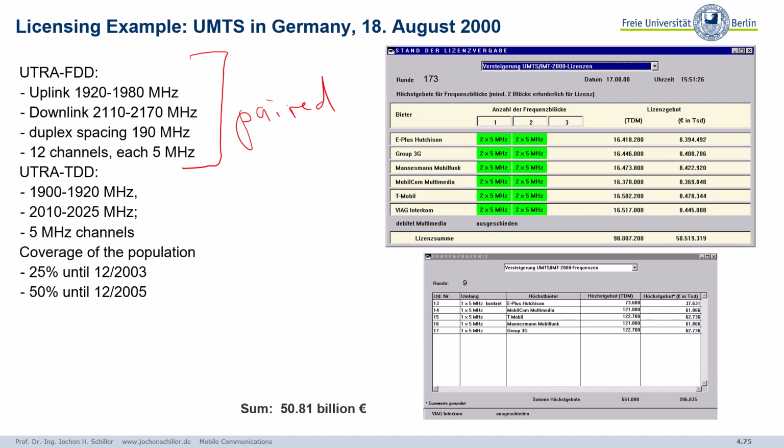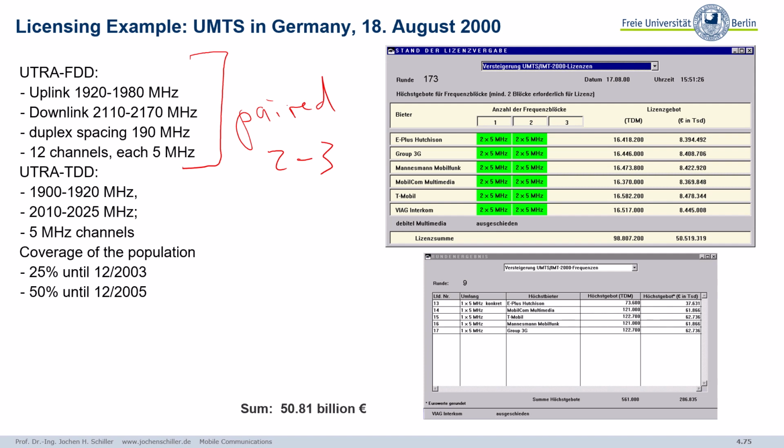And to be successful in the auctions, you have to have at least 2 of the channels and a maximum of 3 of the channels. Okay? As an operator, at least 2, maximum 3. So that in the end, this allows for either 6 operators, each having 2, or other combinations, or 4 operators, each having 3.